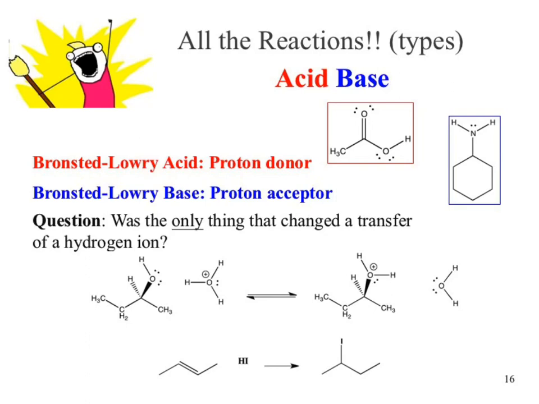Okay? So, make sure that when you're looking at acid-base reactions that you're only looking at an acid-base reaction. In both of these equations, was the only thing that changed the location of a hydrogen? Okay. And the top one, what happened?